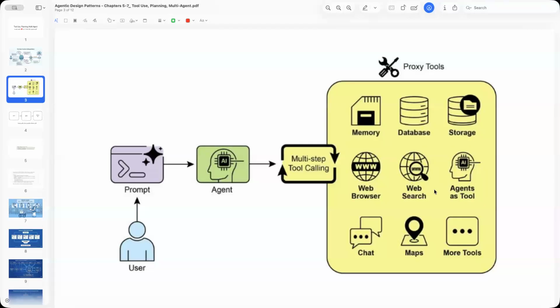Accessing charts, maps, basically any kind of data you can think of, maybe a file system. So I guess many of us have heard multiple stories about how a user ran Claude Code with dangerously skip permissions, and then it erased the entire file system.